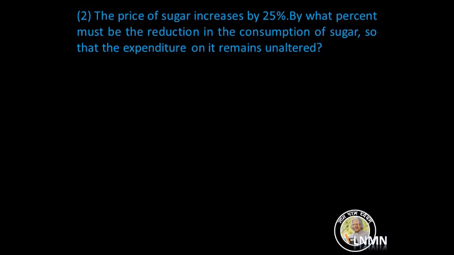For example, I am buying sugar for rupees 400 this month. I am getting some quantity. Next month also I am going to spend 400 only on sugar. But as a result of the 25% increase, I may get less sugar. Indirectly, this is asking: to maintain the same expenditure on sugar, by what percentage should I reduce the consumption of sugar?